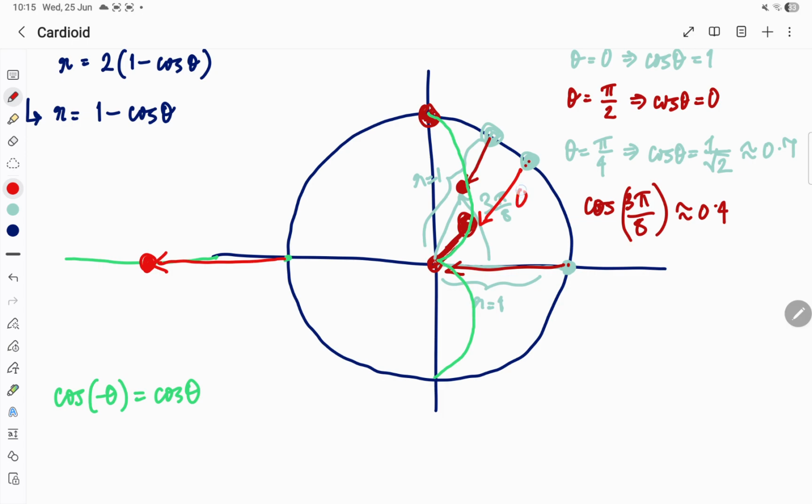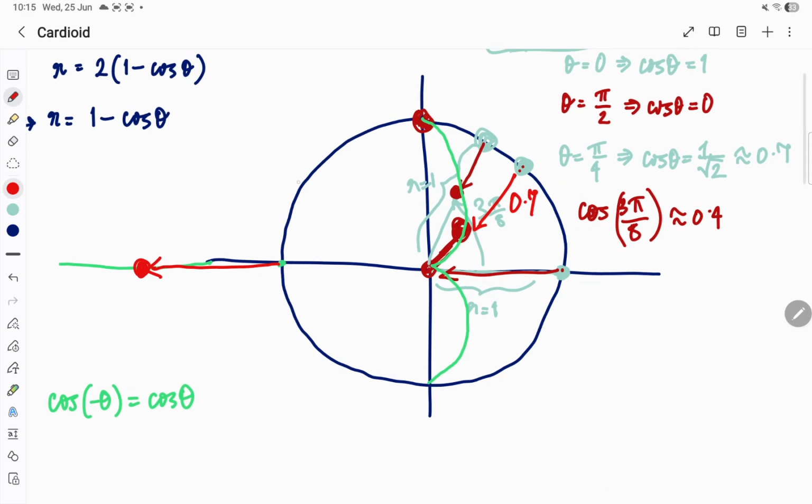This distance is 0.7, so somewhere here this will also get dragged to some 0.7 distance here.